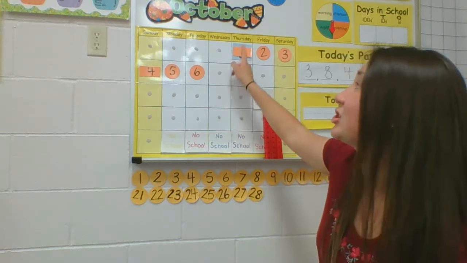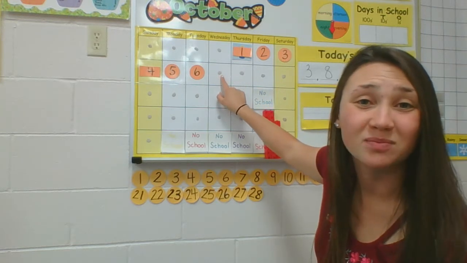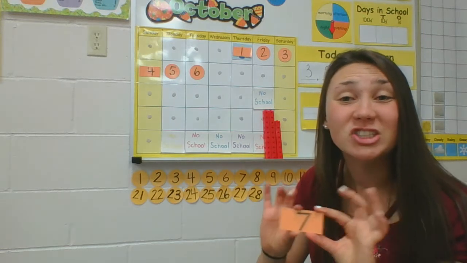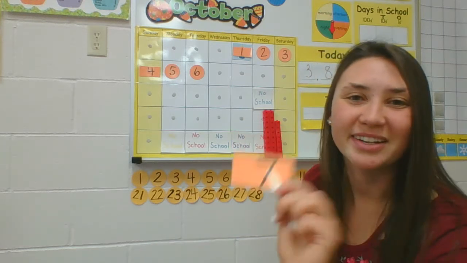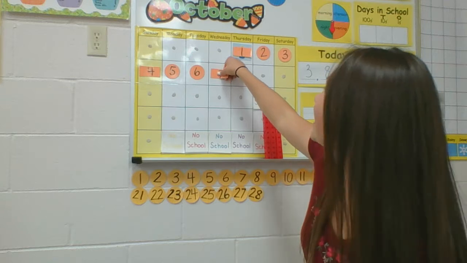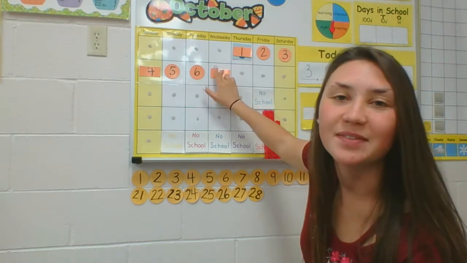This pattern is going to start over. So what's at the beginning of this pattern? Yeah, a rectangle. And this is a special shape today because yesterday we talked about rectangles in math for the first time. So today we have a rectangle 7, isn't that right? That is today, Wednesday the 7th.